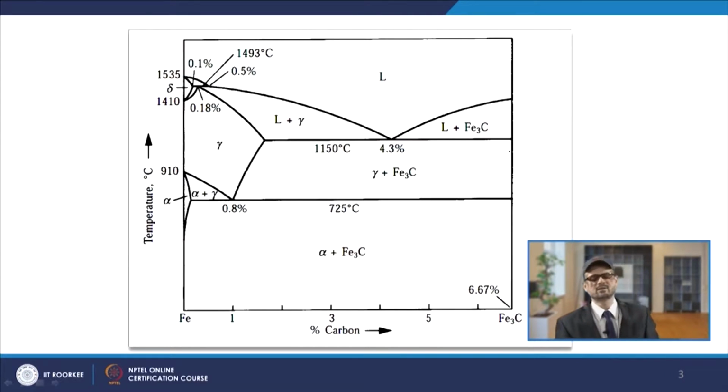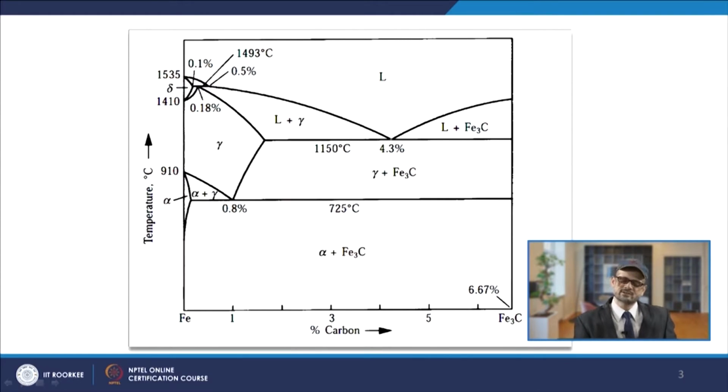So, this reaction in which one liquid is converted to two solid phases is known as the eutectic type of reaction, and this is the eutectic point. So, this is 1140 or 1147 degree centigrade, or sometimes you will also get 1137 at many places.